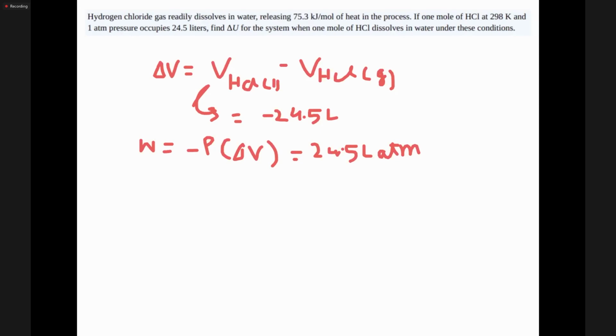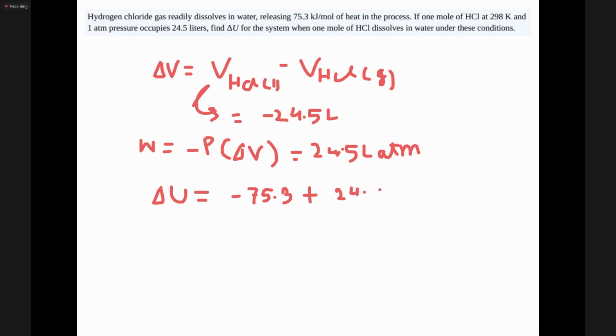Now if we use the conversion factor, in this case we will calculate delta U is equal to Q plus W. The Q, which is actually given over here, is 75.3 kilojoule per mole. And also we have this 24.5 liter atmosphere.